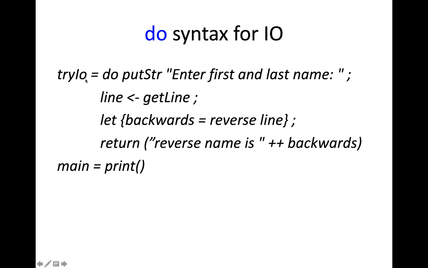The tryIO function uses a do block, and we are printing something, then getting some text from the user's typing using this getLine, and then doing some work on that input, and we let this function return something, and that works. You can test that.